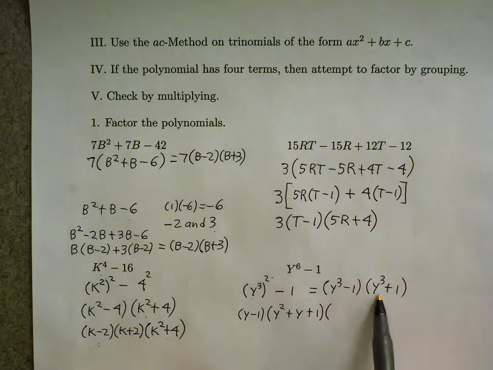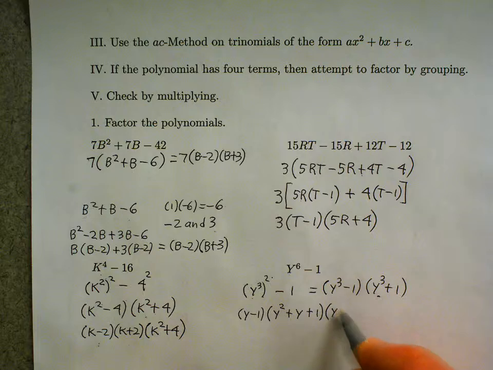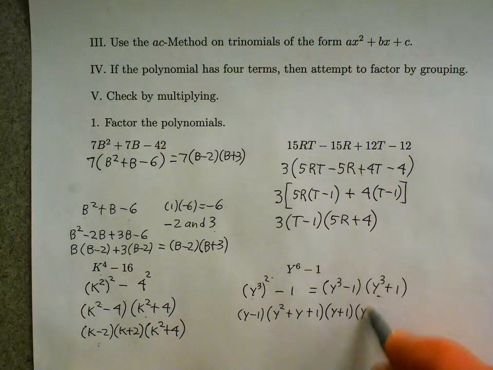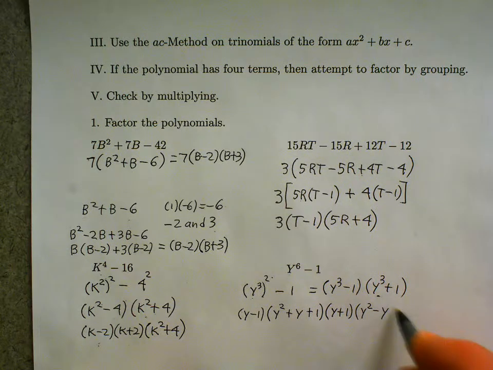And then we factor the sum of cubes. Y to the third plus 1 has a binomial factor, y plus 1, and a trinomial, y to the second minus y plus 1. So that is our factorization.